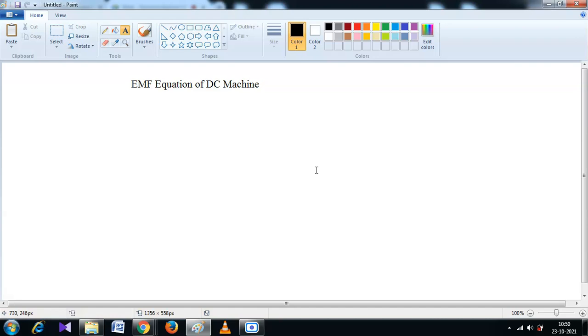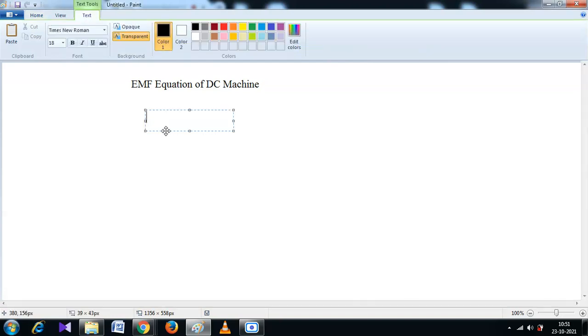Now we have to derive the equation for how much EMF will be produced in this machine. Suppose first we consider a quantity phi. What is phi?